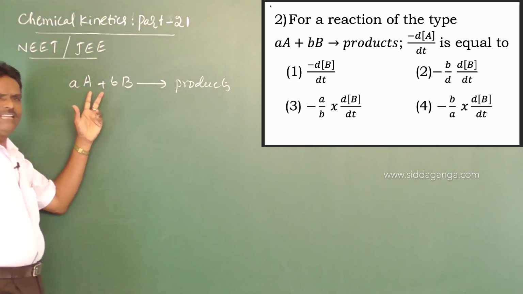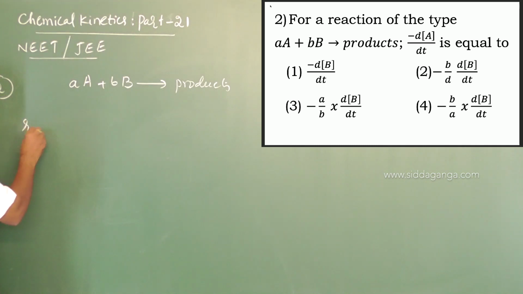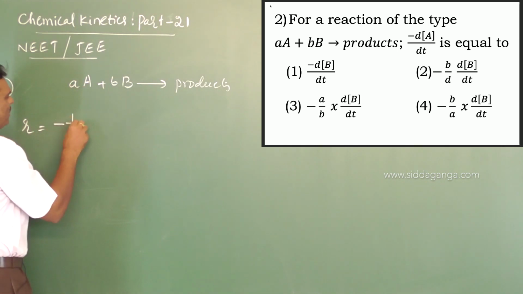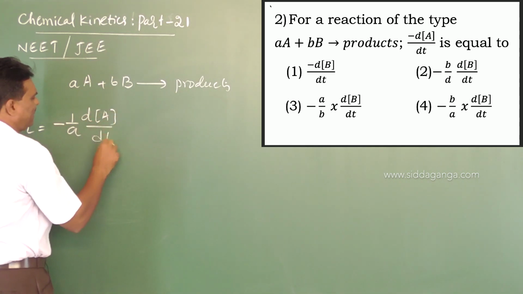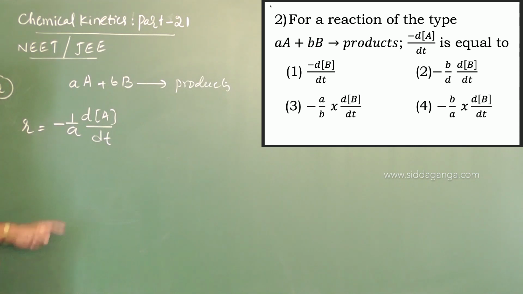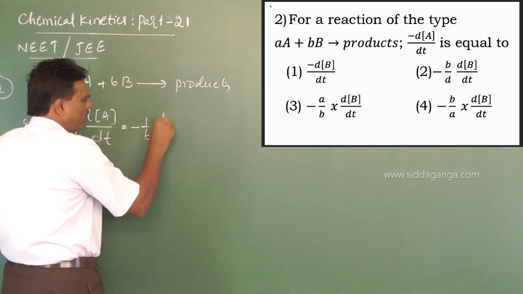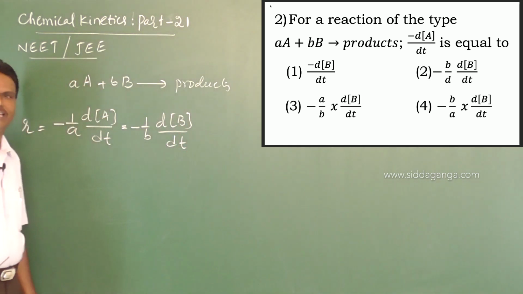So by writing the instantaneous rate for this equation, rate is equal to, with respect to the reactants, minus 1 by a into dA by dt, it is equal to minus 1 by b into dB by dt. What was asked: minus dA by dt is equal to, sending the a to the right side, minus a by b into dB by dt.